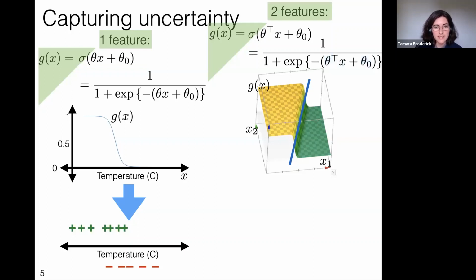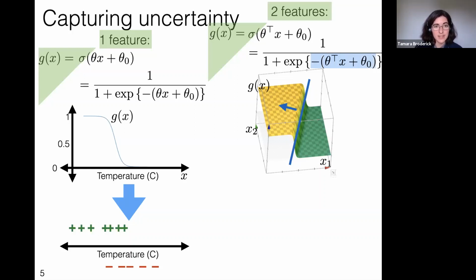Okay, so now let's ask ourselves, what happens as we go away from the line in the direction of theta? Remember, theta was our normal vector. It still is here. As x gets more in the theta direction from this line, this dot product is going to increase. So this whole quantity is going to increase.